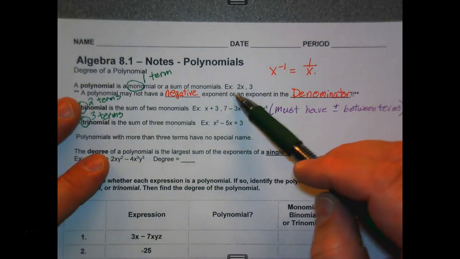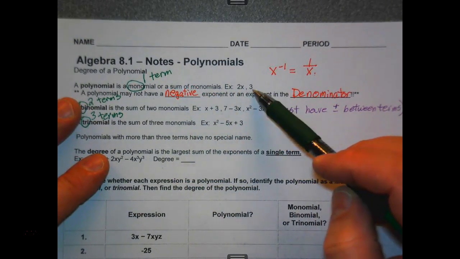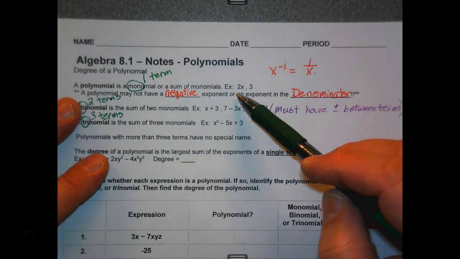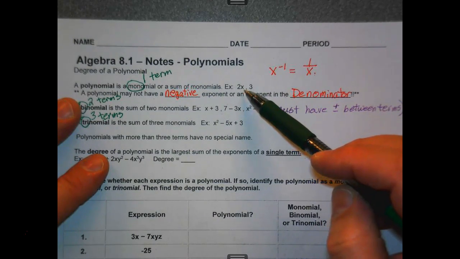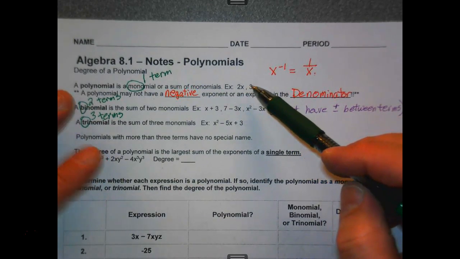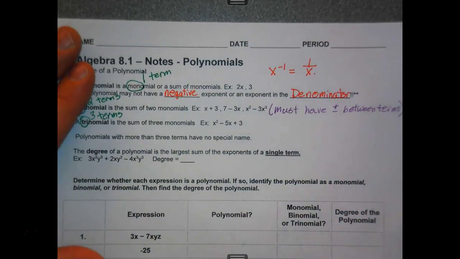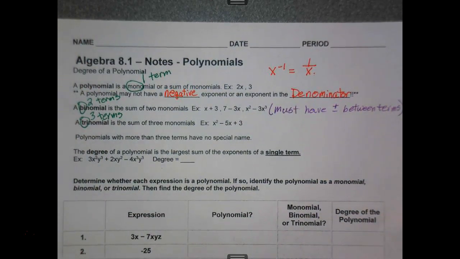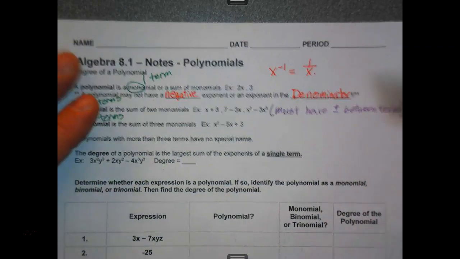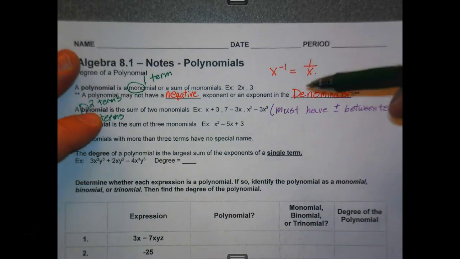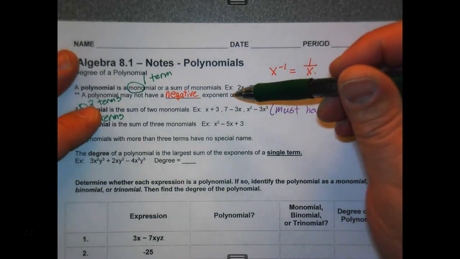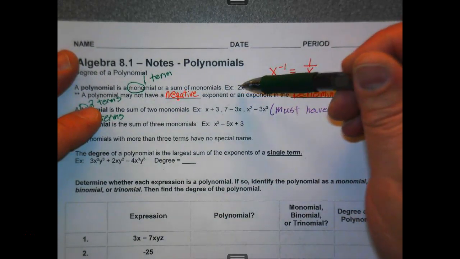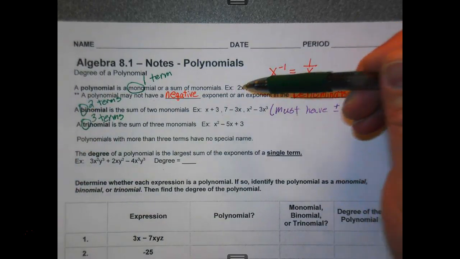This monomial, by the way, 2x and 3, I have 2 numbers here. Guys, this is really confusing. I find Algebra 1 students have a tough time between what a monomial is and a binomial and trinomial. But if I have multiplication between 2 numbers like 2x, that is a monomial.